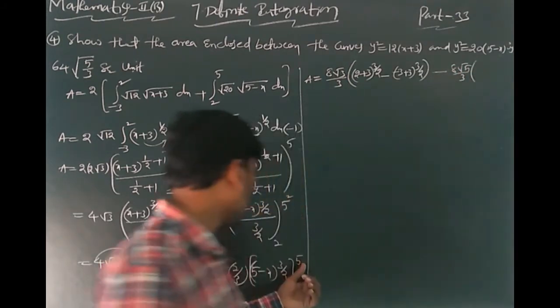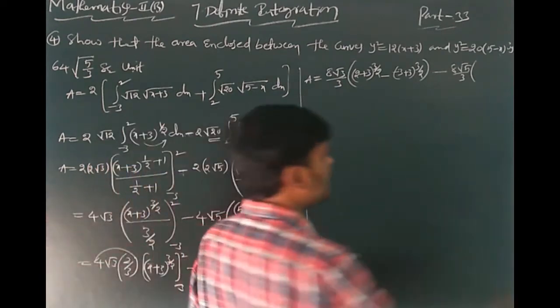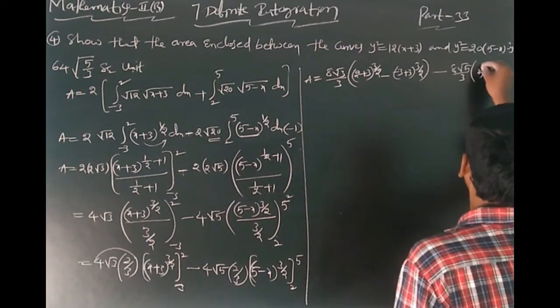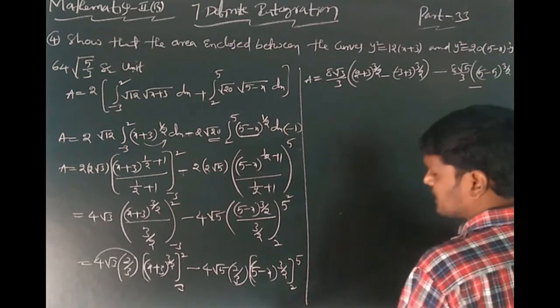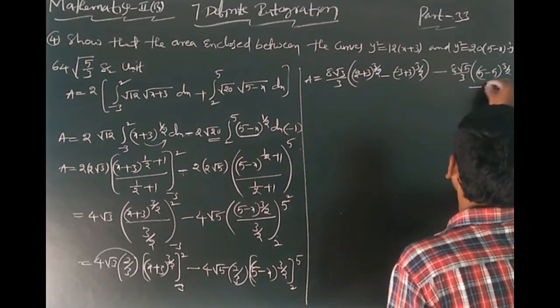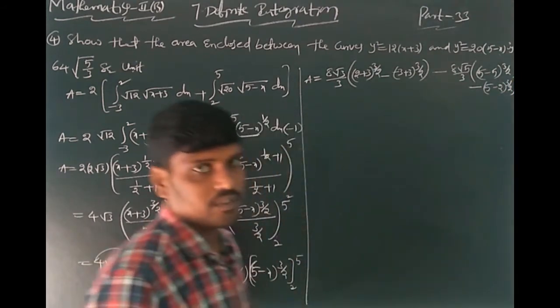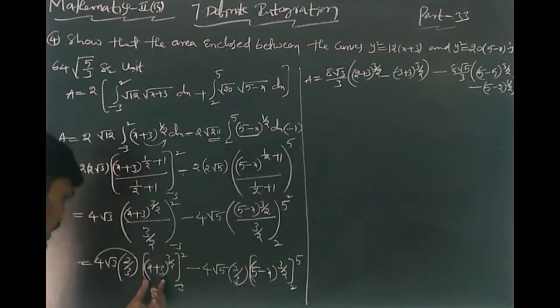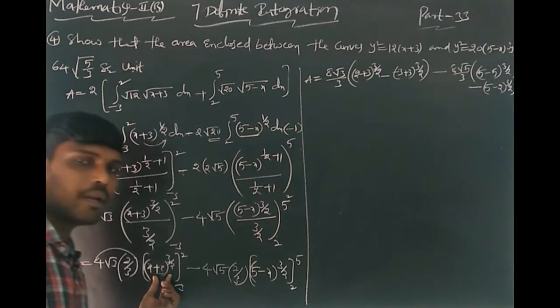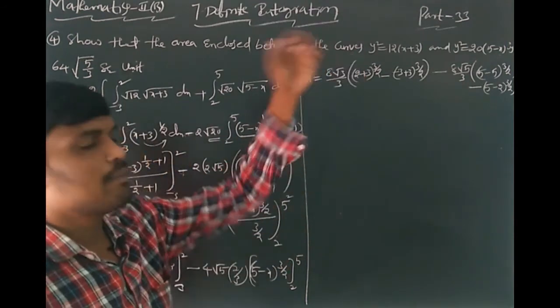Here first you can write upper limit 5 minus 5 whole power 3 by 2 is upper limit, minus lower limit 5 minus 2 whole power 3 by 2 is lower limit.